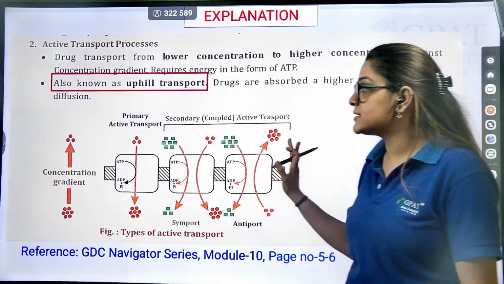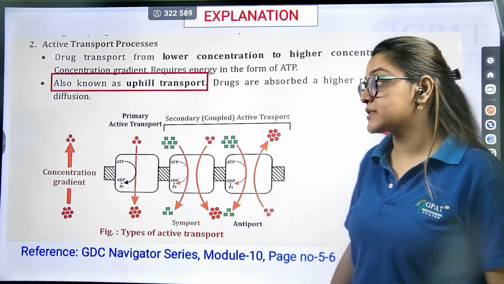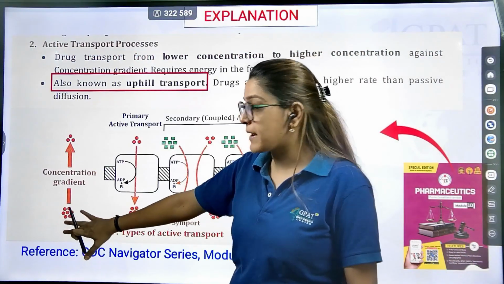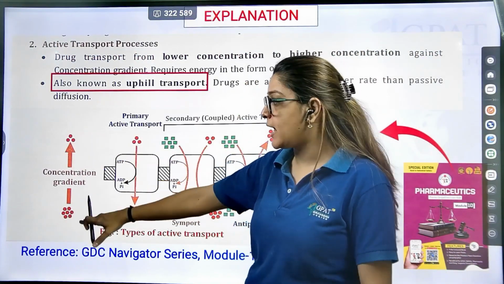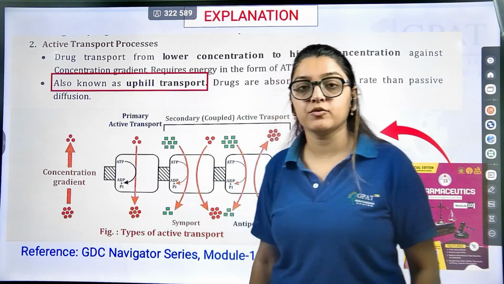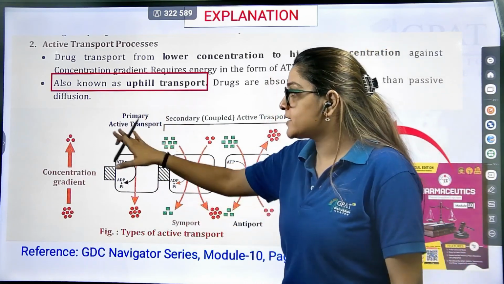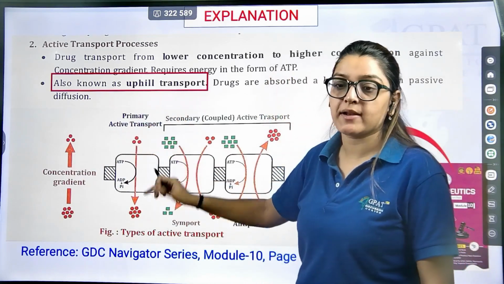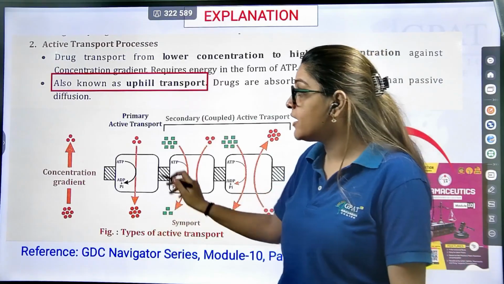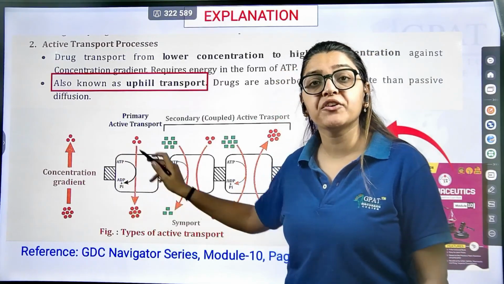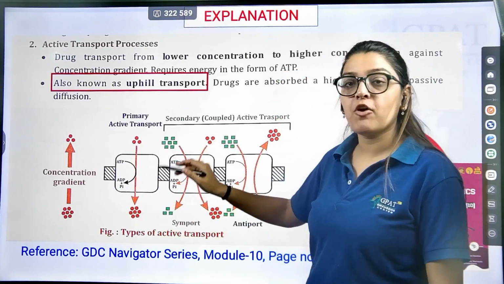Here you can see the summary in which all the transports can be seen. We have number 1, passive transport, just concentration higher to lower and no use of energy. Then primary active transport from lower to higher, that means against the concentration gradient, which requires the use of energy, in the form of ATP.